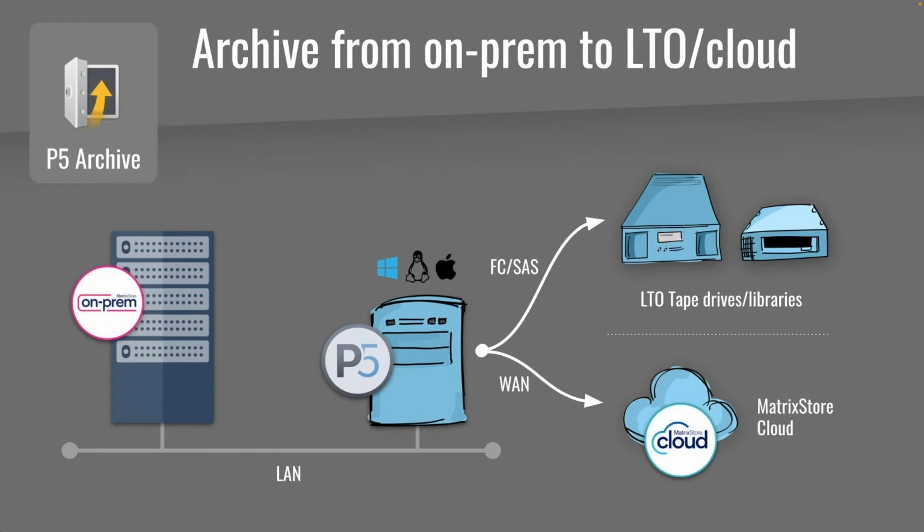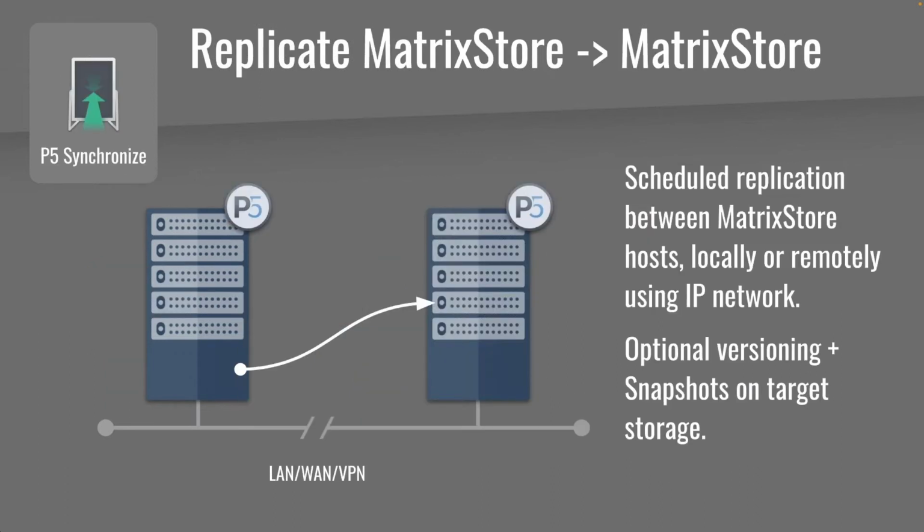And that host will have access to, by mounting storage from the MatrixStore, and it does that across the LAN. And then from there, moving across to the right-hand side, you can either make a fiber channel or SAS connection on that host to some tape hardware to allow you to archive data to tape, or you can use your WAN connection to go up to the MatrixStore cloud, as we're going to illustrate in the live demo. So that's how an archive workflow might fit together.